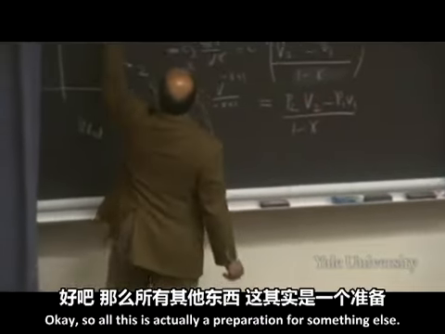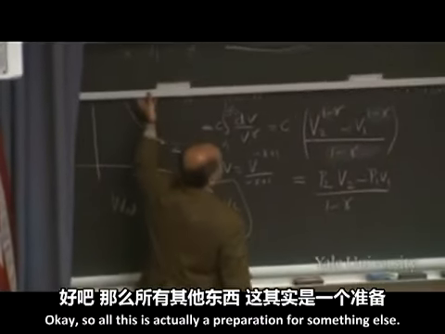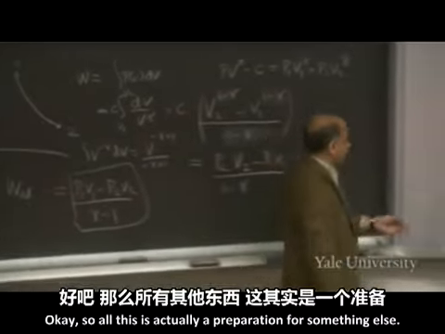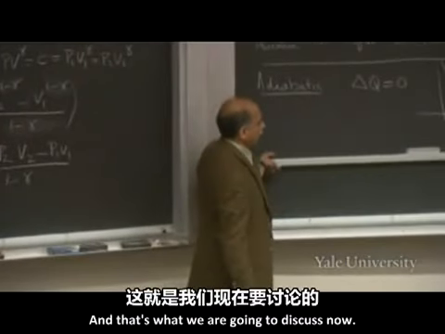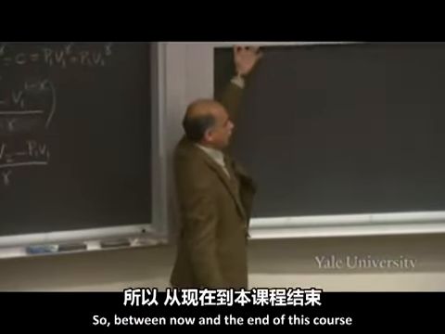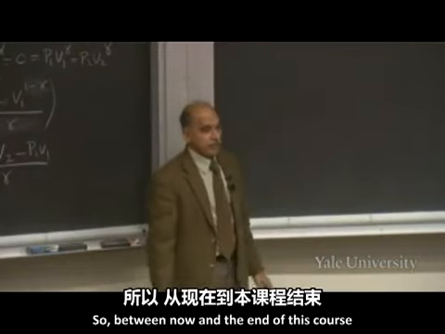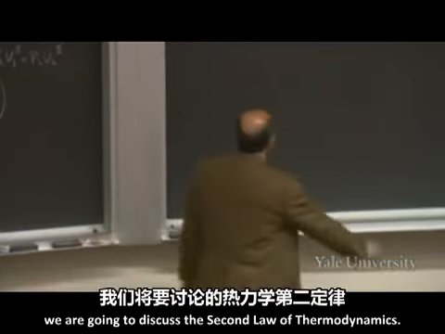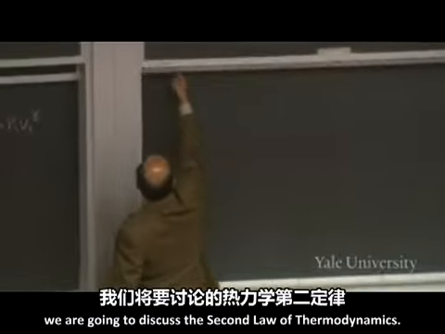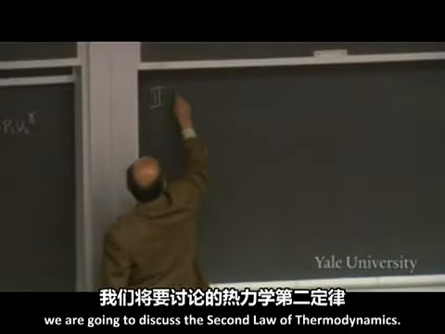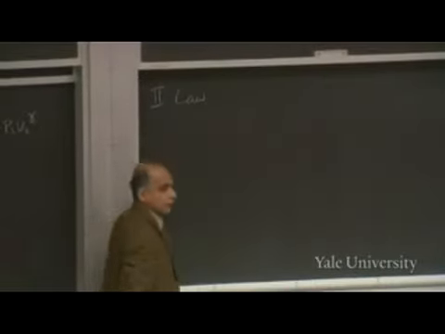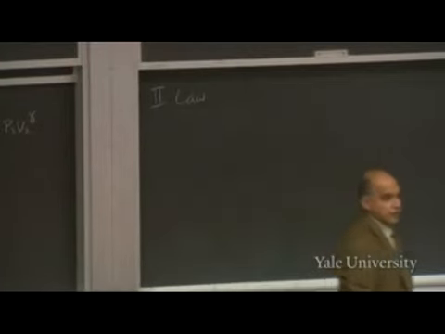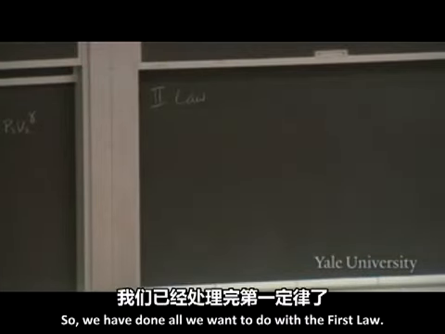Okay, so all this was actually a preparation for something else, and that's what we are going to discuss now. Between now and the end of this course, we're going to discuss the second law of thermodynamics. We have done all we want to do with the first law.